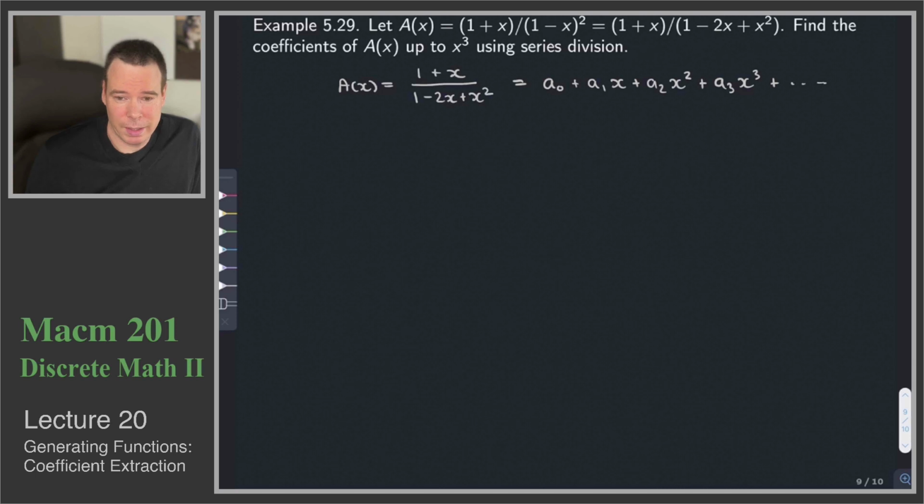Now, if you are asked a problem to find the coefficients for A of x, definitely use our methods for coefficient extraction from the first part of the lecture, looking at partial fraction decomposition, those kinds of techniques, doing coefficient extraction using the series we know, 1 over (1 minus x) to the k. That's the technique you want to use.